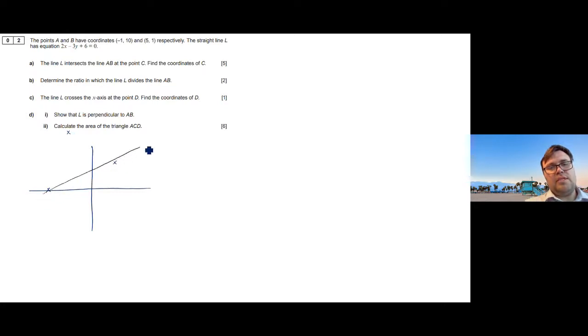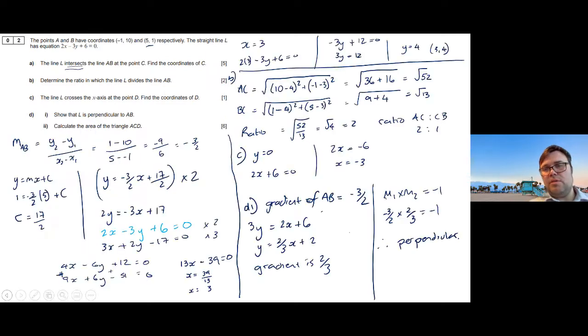So this here is our triangle, where there's a 90° angle at 3, 4. This one I worked out, if I remember correctly, as -3, 0, and this one up here is -1, 10. Check to make sure that D is what I said it was, x equals -3, yep.